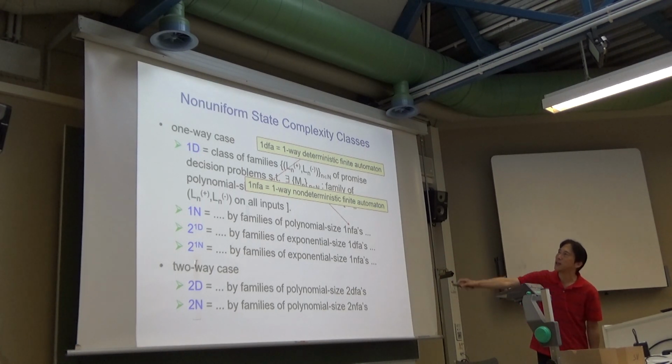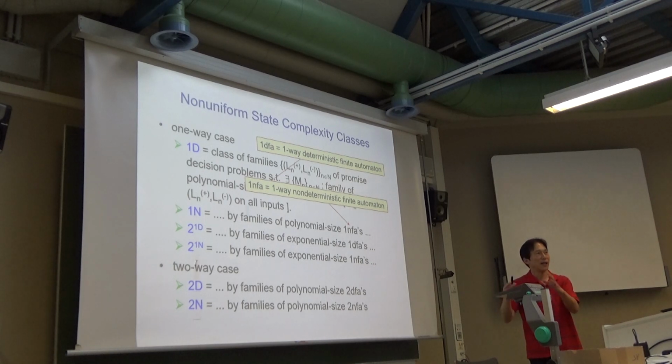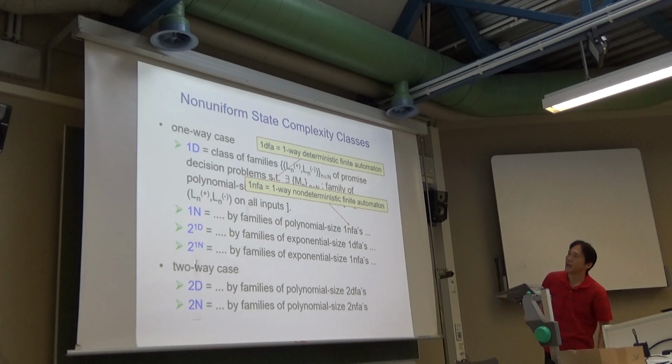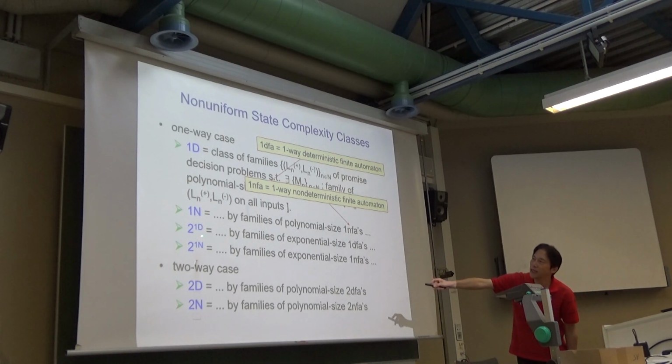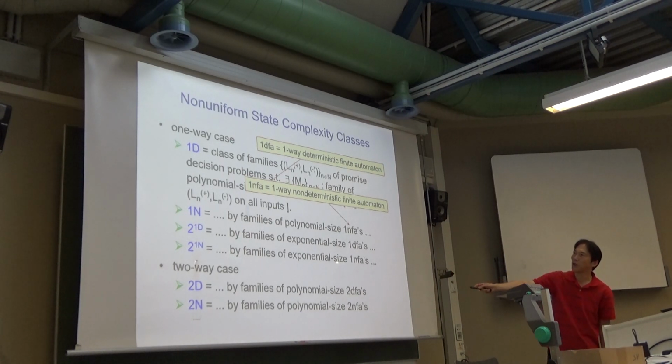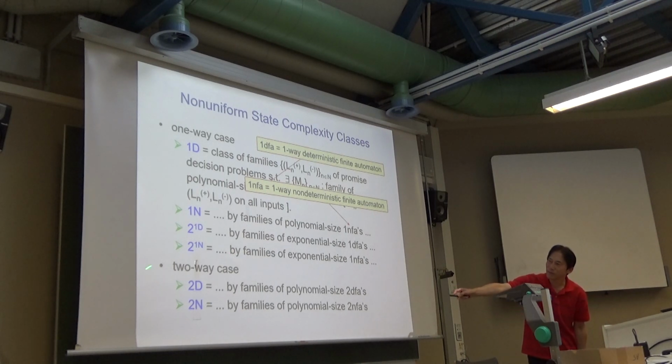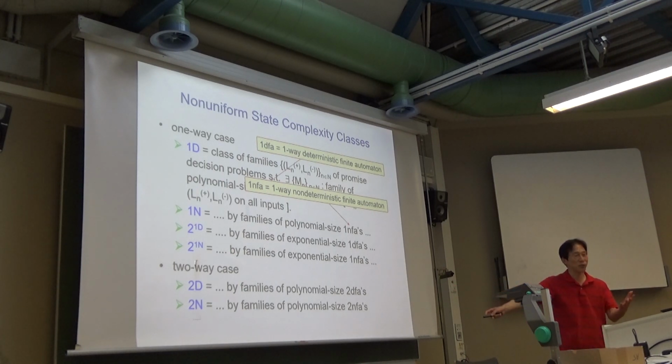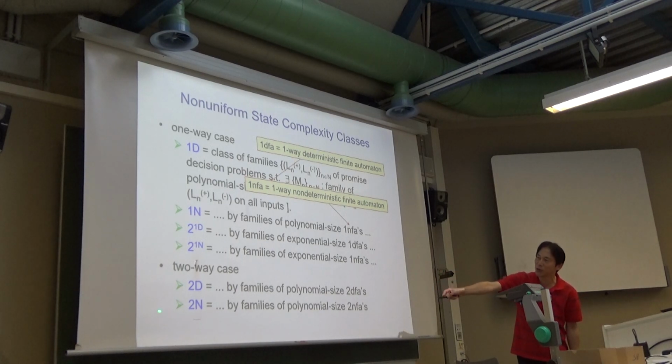The first letter refers to the one-wayness. In this particular case, the head always moves, not stopping, like making an extra move. 2^1D means instead of polynomial size, we use exponential size. But we are not really considering the 2^ case in this talk, but we have a notion of those complexity classes.